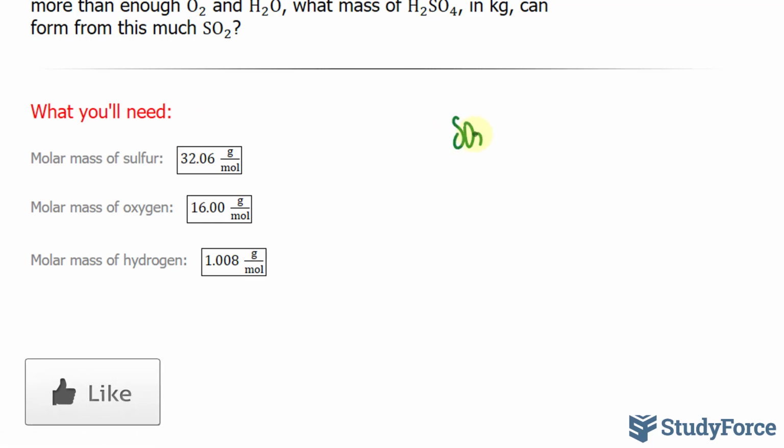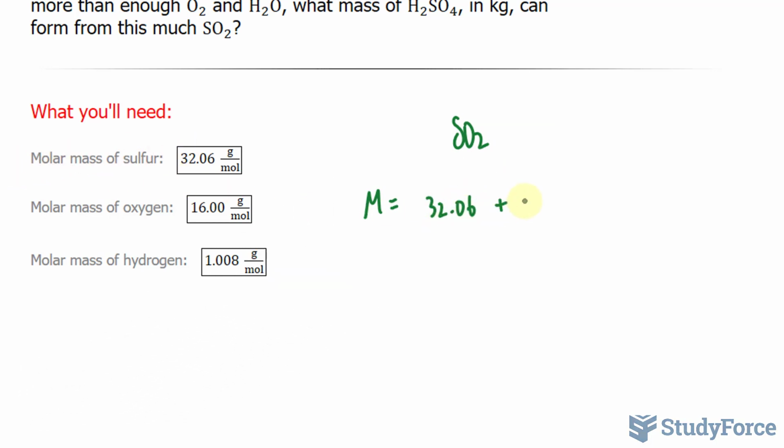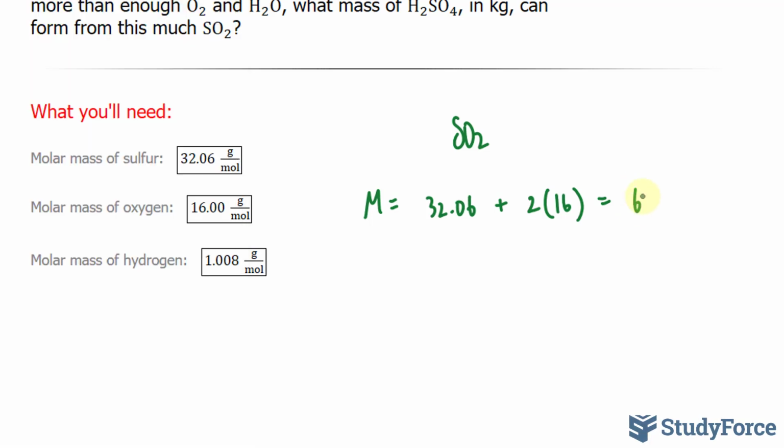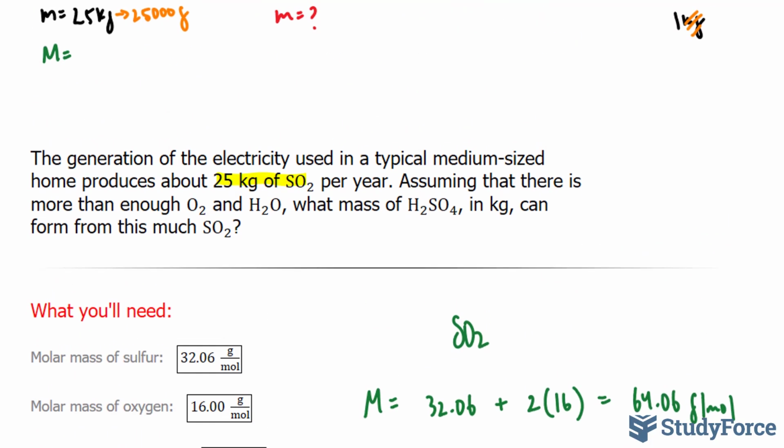Sulfur dioxide has a molar mass of 32.06, that's the molar mass of sulfur, plus 2 times the molar mass of oxygen. 2 because of this subscript. There are 2 oxygen atoms here. Using my calculator, I have 32.06 plus 32. I just multiply 2 and 16 together, and I end up with 64.06 grams per mole. I'll write that up here as well.